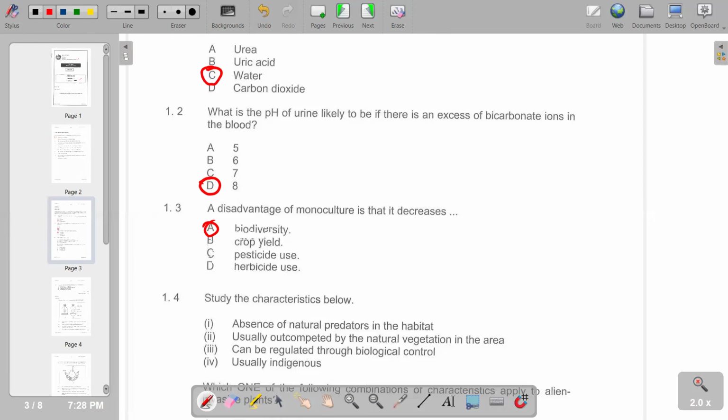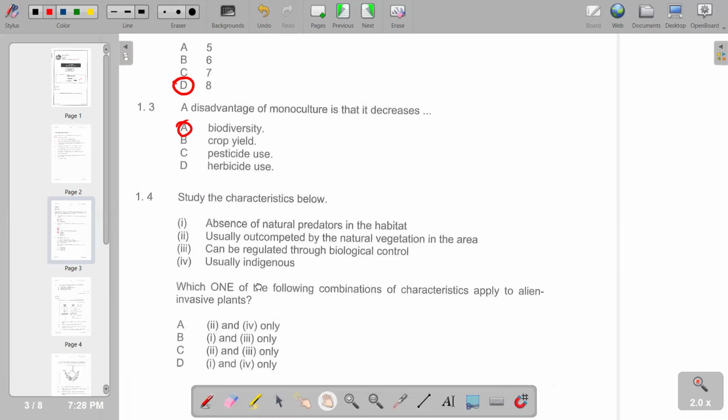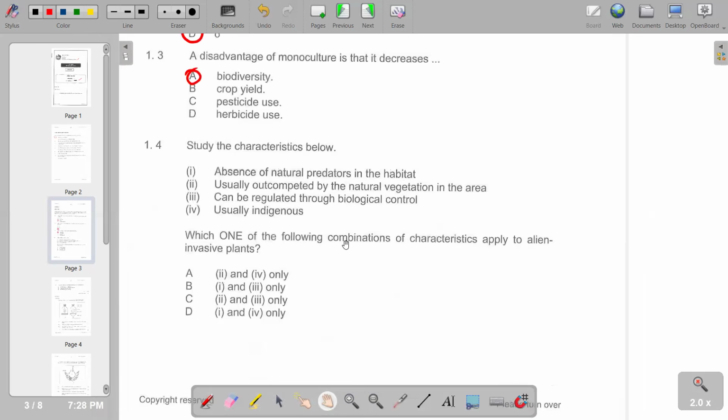So moving on to number 4, study the characteristics below. These are the characteristics that were given. Then the question reads, which one of the following combinations of characteristics apply to alien invasive plants? When we are looking at alien invasive plants, this refers to plants brought to South Africa from other countries, both intentionally and unintentionally.